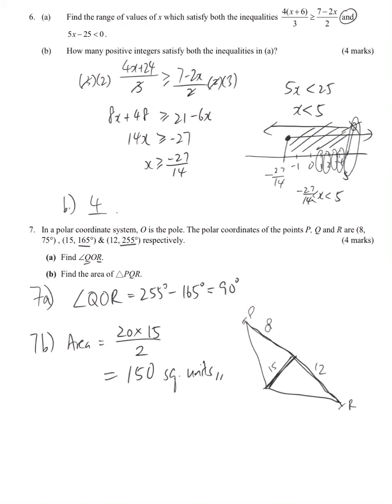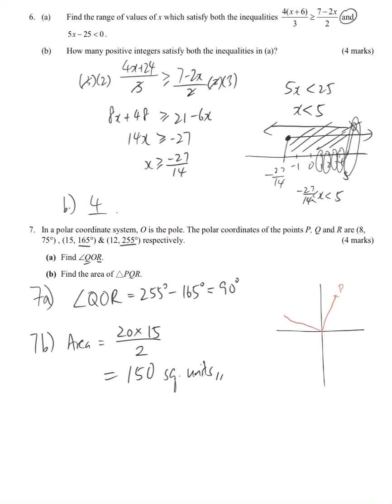Okay, so that's an interpretation, but if I'm going to draw it really accurately, then if you look at the question, that's 8 and 75. So if I have an axis to help me to plot these, I'll use different colors. So the 75 degrees is about here, so that is the point P, and then 165 is about here.